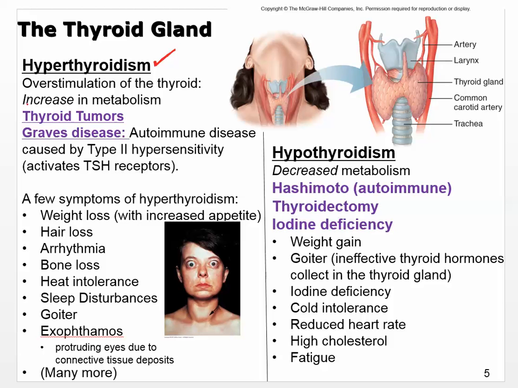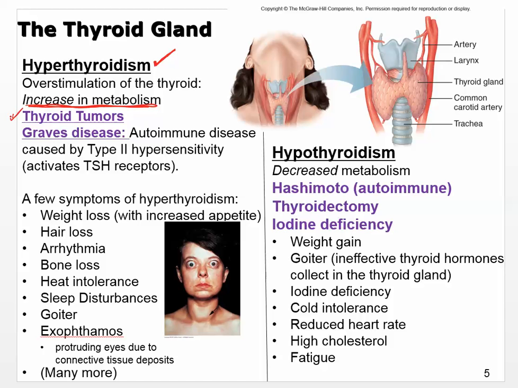And while the thyroid hormones have a lot of effects, in general, they all kind of point to an increase in your metabolism. Okay, so an increased metabolic rate, and we kind of see that from the symptoms of what happens when you overproduce thyroid hormone.